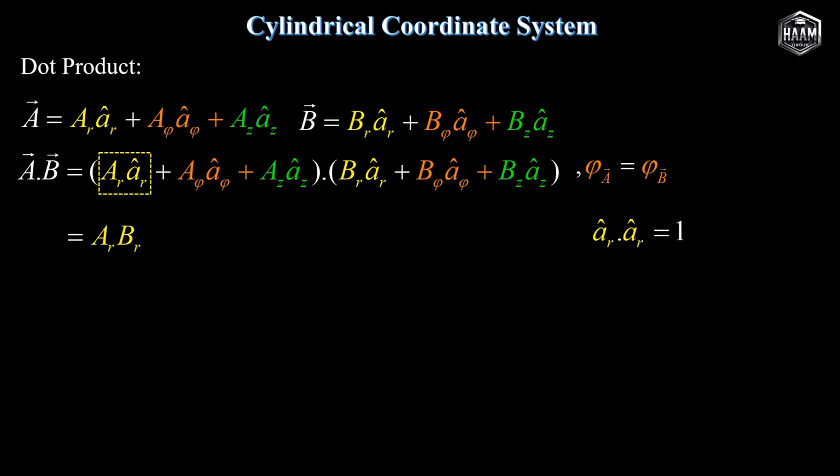The dot product of the R component of A with the phi component or Z component of B equals 0 due to mutual orthogonality.